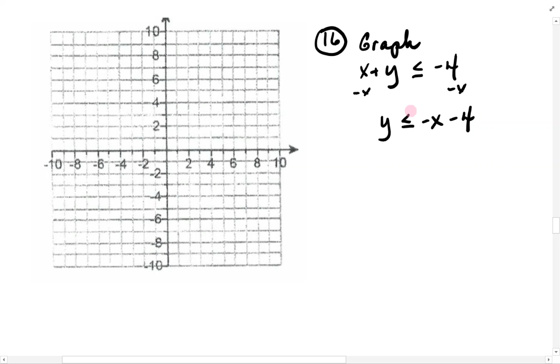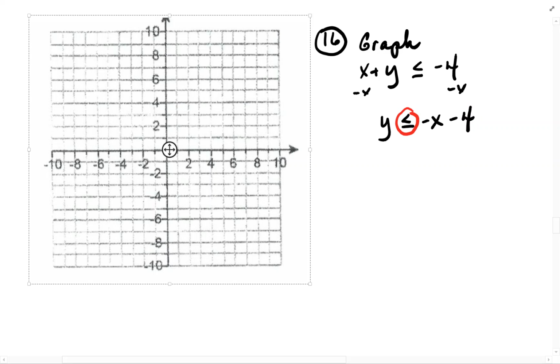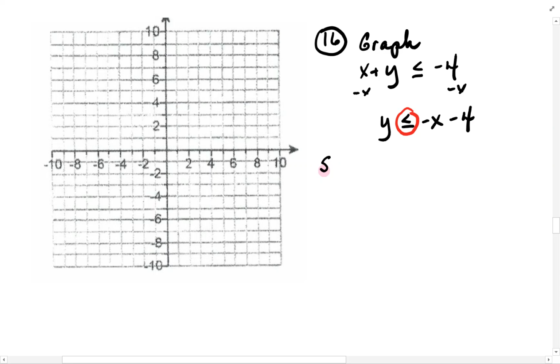Right now, I encourage you to stop, take a look at the inequality symbol, and make a mental or physical notation that it is going to be a solid line because there's equal with it. If there's no equal, it'll be dotted. And that you will shade below because it says y is less than.